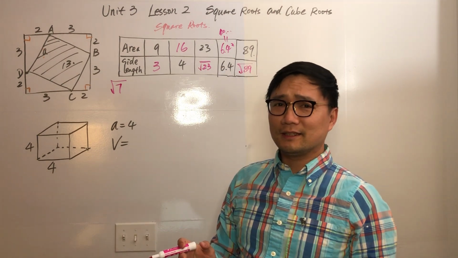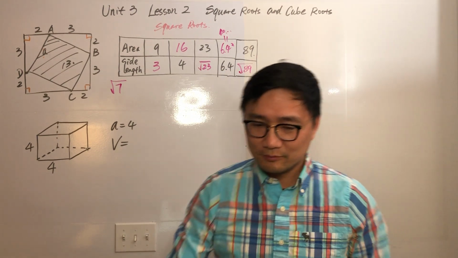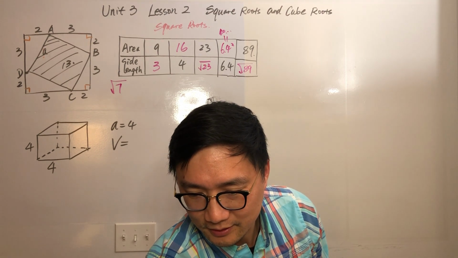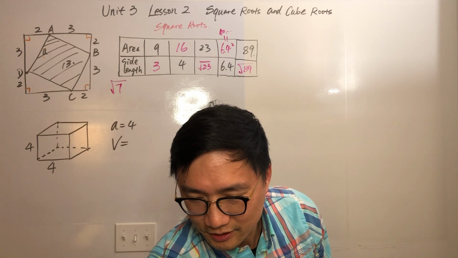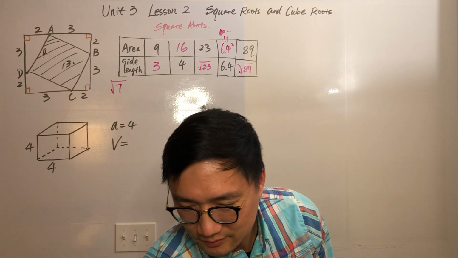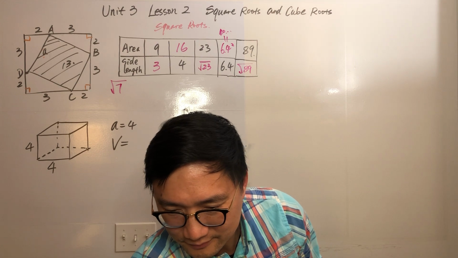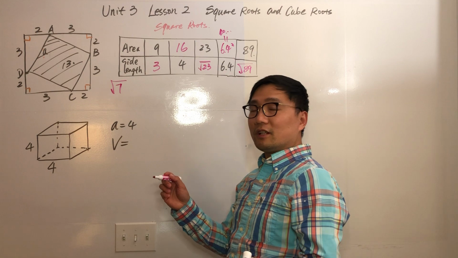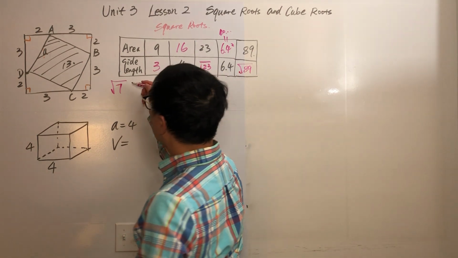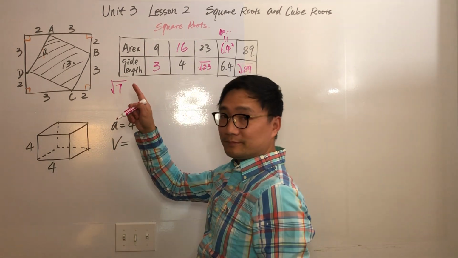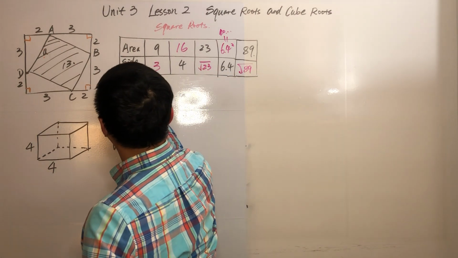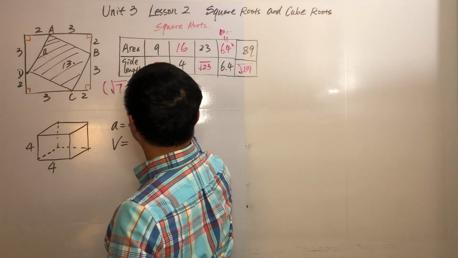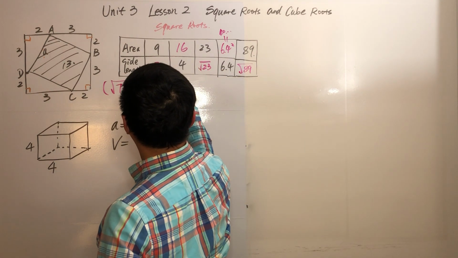What does that mean? The number square root 7 means the number that, after you square it, you get 7.